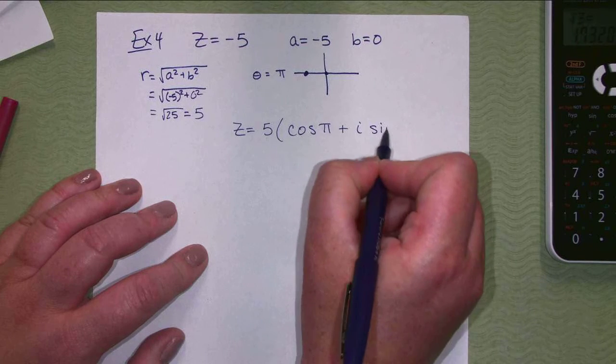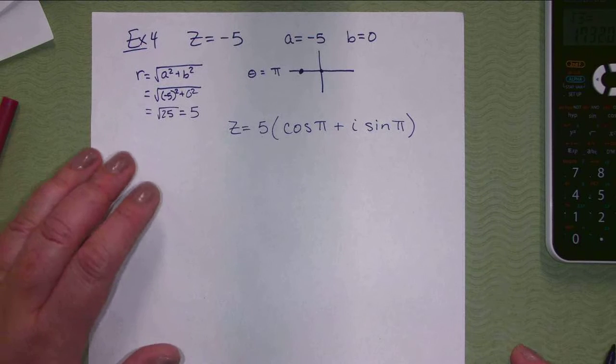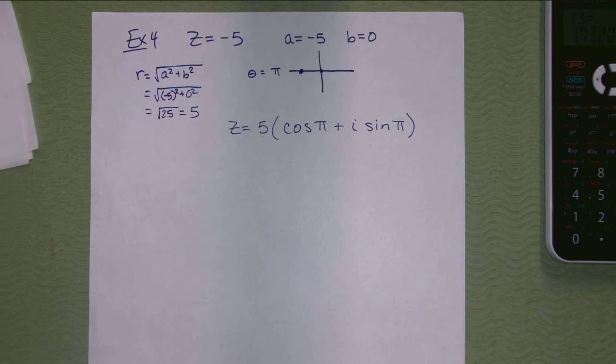Okay. So that's polar form. We'll do a couple more because we're going to do questions with polar form. Okay, so how to multiply numbers in polar form.